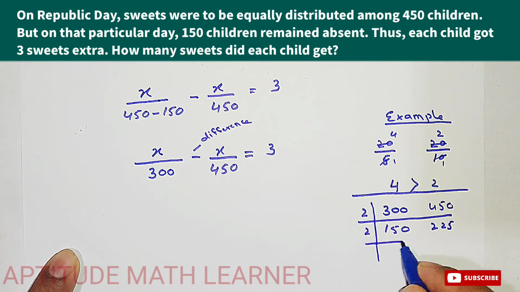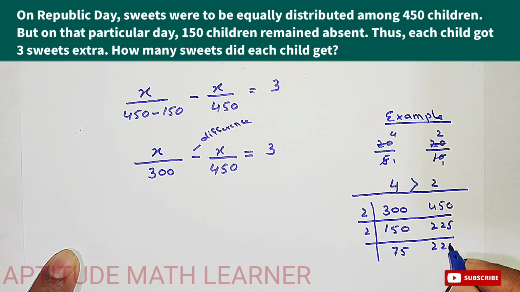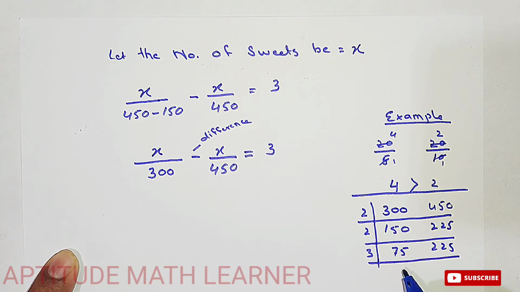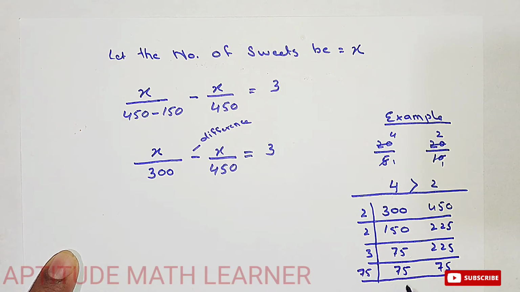Again with 2 we get 75 and 225, and now by 3. Now if we divide by 3, we get 75 and this also becomes 75. 225 divided by 3 is 75, and now this will be divided by 75, so we get the answer 1.